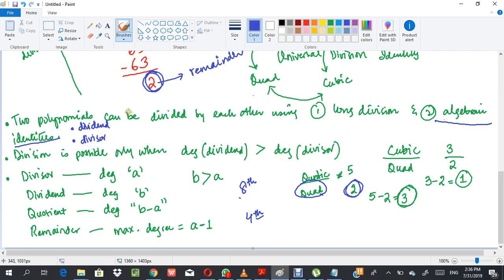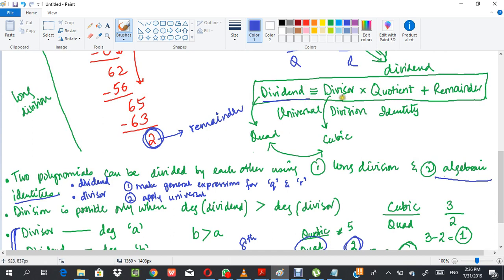Now what we'll do is make general expressions for quotient and remainder based on these rules that we have studied, and then we will apply the universal division identity, which is right here: dividend is equal to divisor times quotient plus remainder.